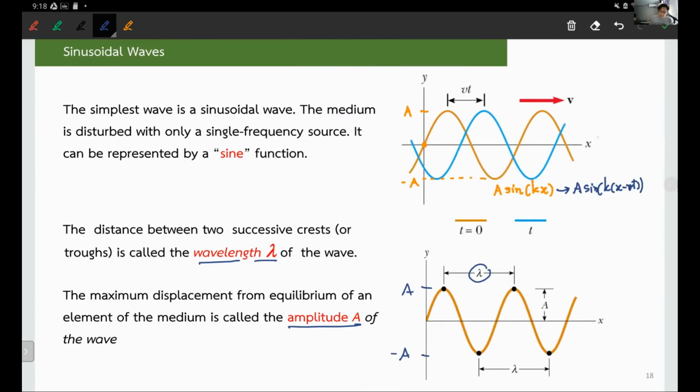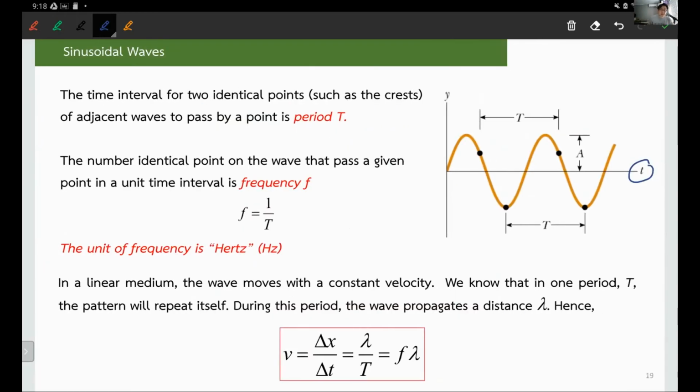This one is easy, because you simply take a snapshot of the wave, bam, and you're done. You get the waveform. But the question is, how can you draw this curve when the horizontal axis is time? How do you get this wave? That's the question. So once again, I want to bring you back to the simulation.